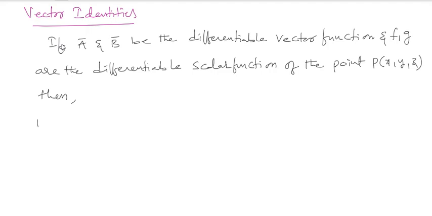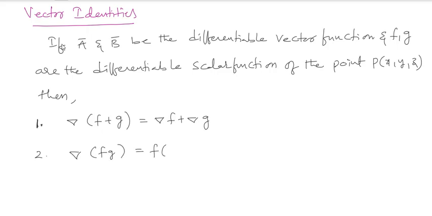there are a lot of vector identities, right? So let me take this one. So del of f plus g, which is equivalent to del f plus del g, you can write it as. Then second one, del of f into g, which is equivalent to f into del g plus g into del f, right?